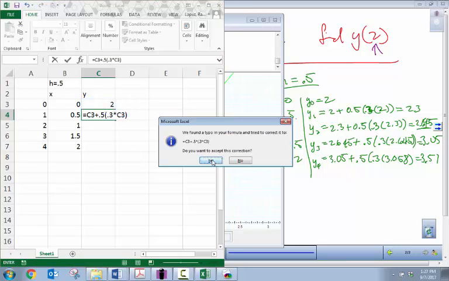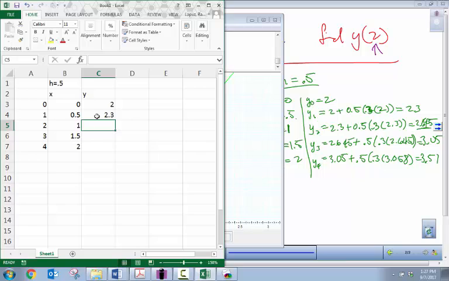All right, that's wrong. Yeah, so it's 2.3. That's what we got. Then we can just scroll down to get our values. Since we rounded off over here at 3.05, this is going to give us a more precise value. So this is a step size of 0.5.